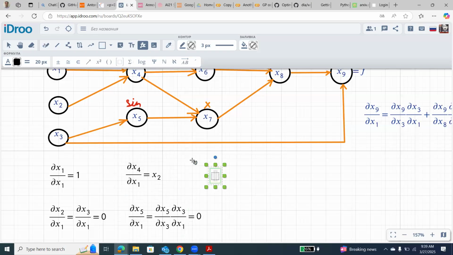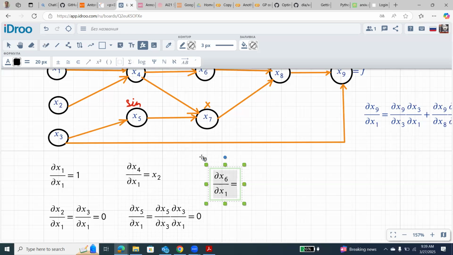So then the derivative of x6 with respect to x1. The input into variable x6 was x4, and it was exponent.